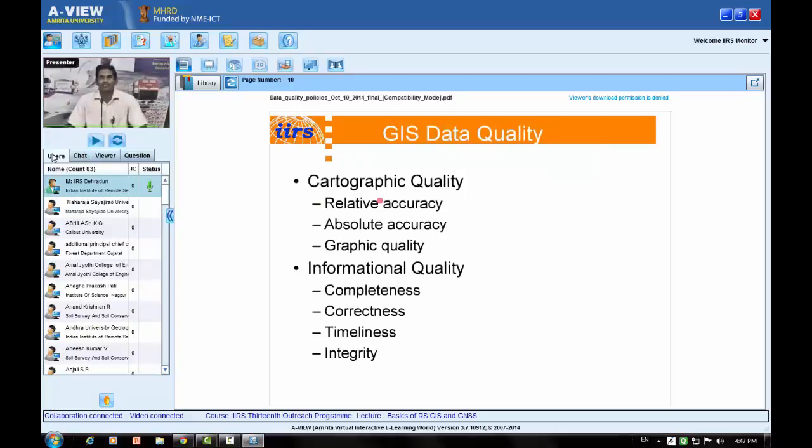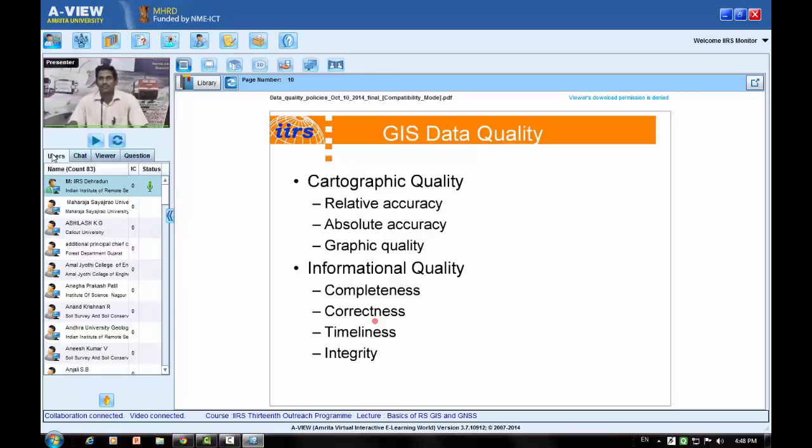So when you talk about GIS data quality, there is cartographic quality, that is spatial information, and another is informational quality, that is whether it is following topological relationships, and whether the data is what you are looking for.